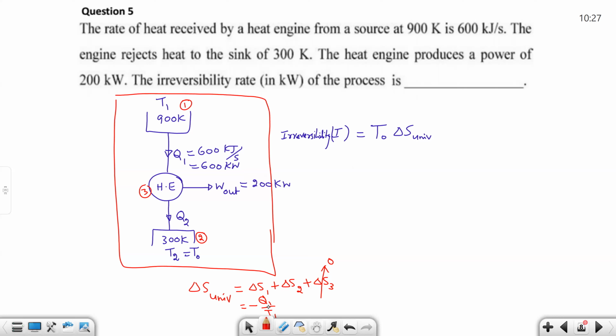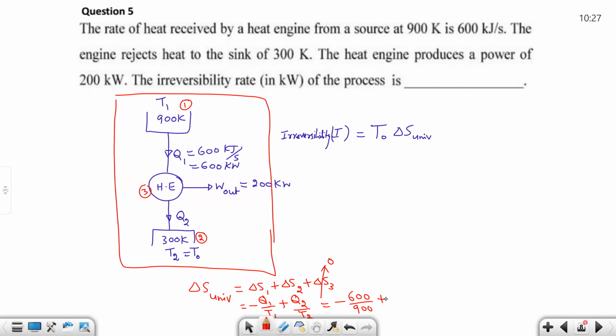And reservoir 2, which is the atmosphere, a thermal reservoir of 300 Kelvin, is taking the heat Q2, so the entropy change will be positive, Q2 by T2. So minus 600 by 900 kilojoule per Kelvin, plus Q2 by T2.